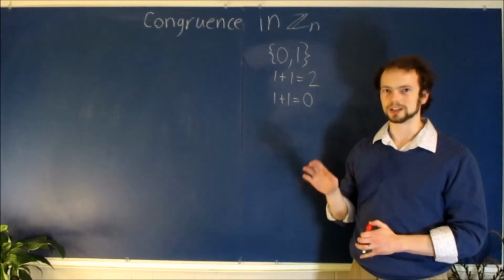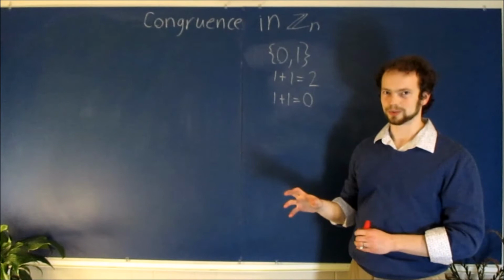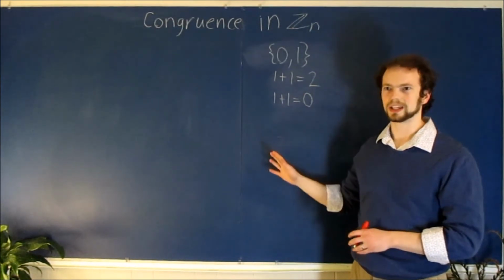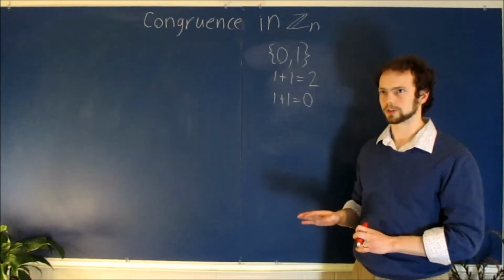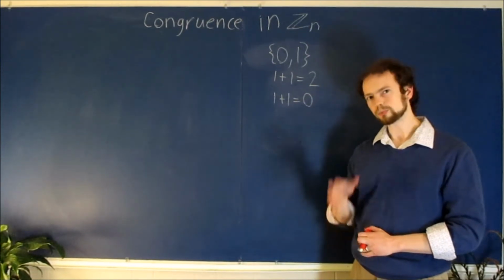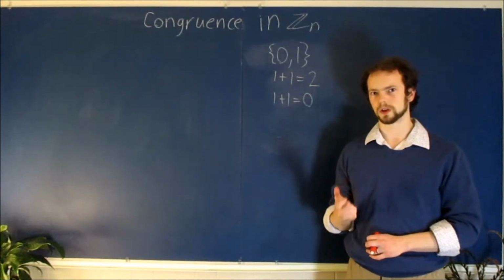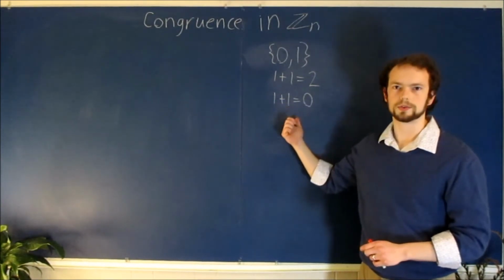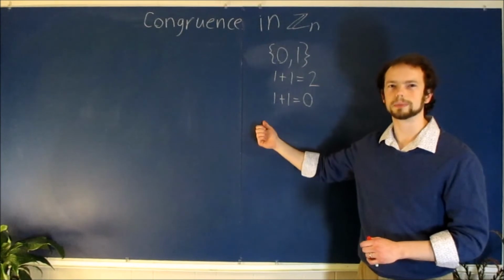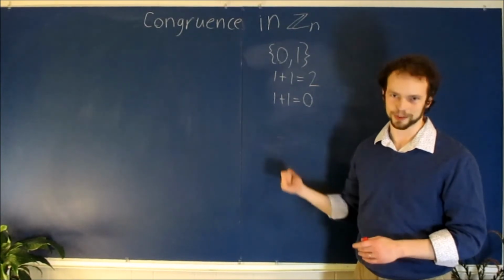We'll talk more about what exactly those are and how they're defined and structured in part 2. But for now, I want to focus on a bit of intuition. Why would you want to have a number system where 1 plus 1 equals 0?